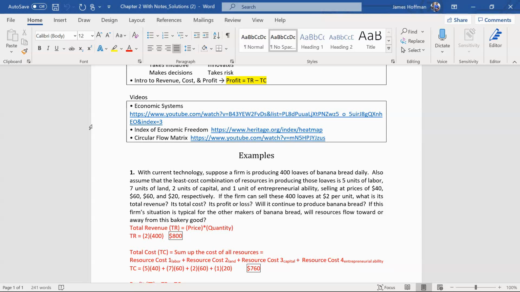And the prices of those resources, respectively, are 40, 60, 60, and 20. Okay, if the firm can sell these 400 loaves of banana bread at $2 per loaf, what is its total revenue, its total cost, and its profit or loss? All right, so let's start with total revenue.